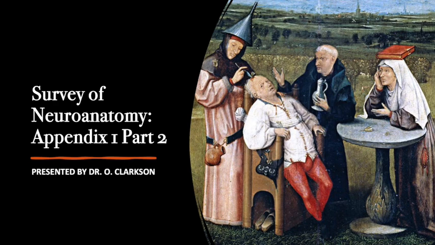But notice on the homunculus here, the thorax and the lower limbs aren't as represented by the somatosensory cortex. So if you were to do the 2-point discrimination test on the back, you're going to have a really hard time determining whether it's 1 versus 2 needles poking you. You could maybe try this test out with your friends after class today and poke them with toothpicks and see if they can tell you if it's 1 or 2 toothpicks.